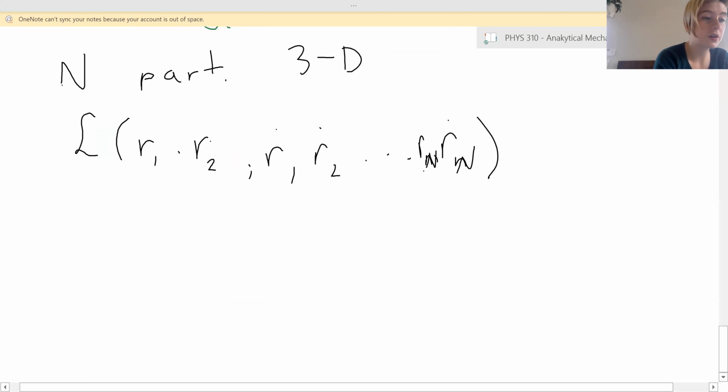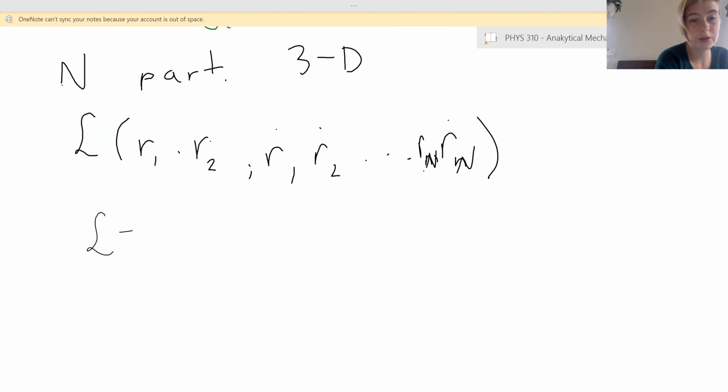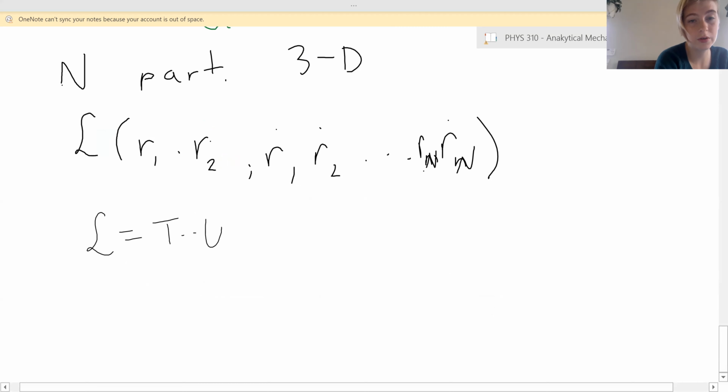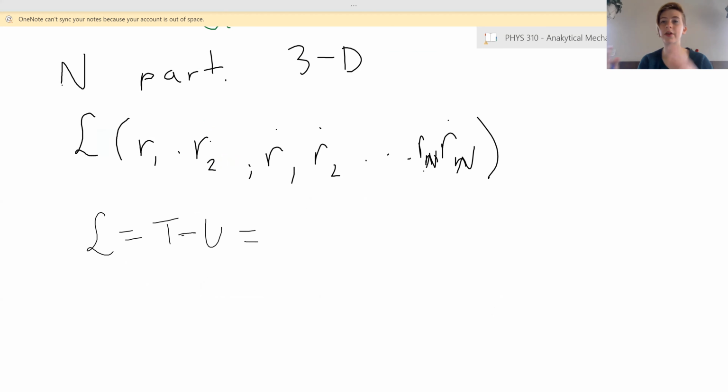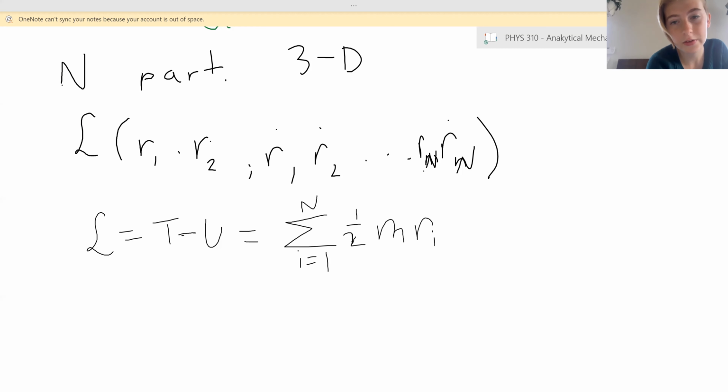And so the fact that the Lagrangian equals T minus U, it's going to look like, I'm going to write it as a sum, i equals 1 to N of 1/2 m r_i dot squared.